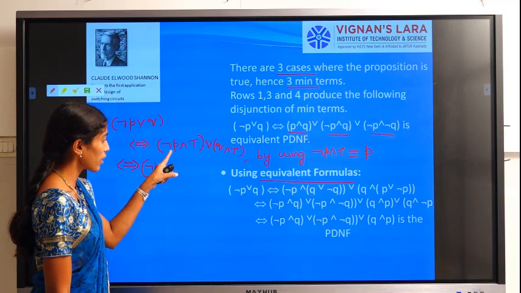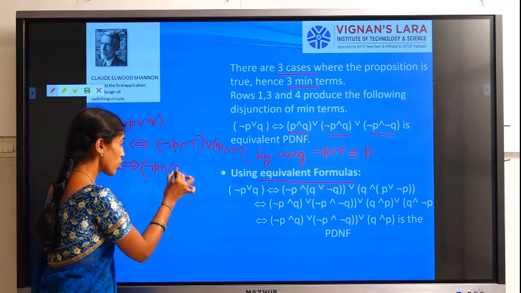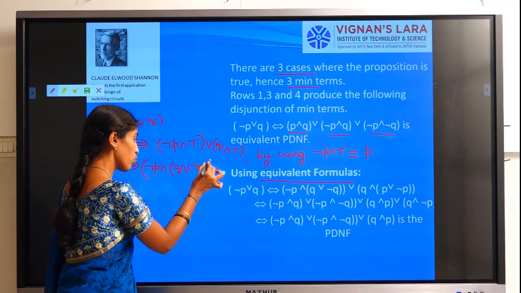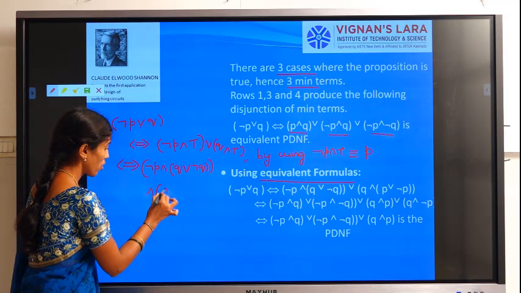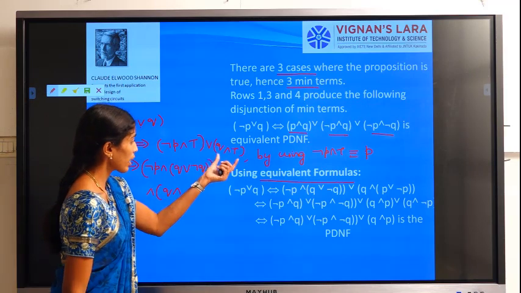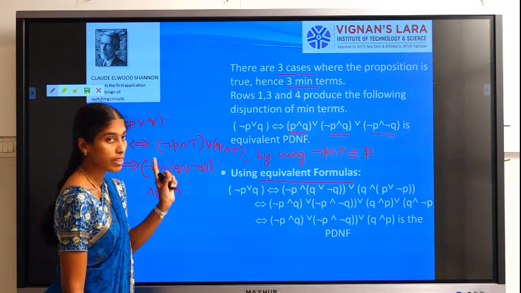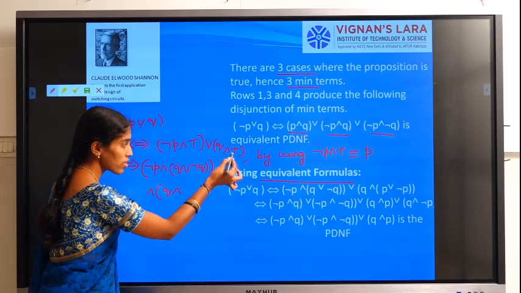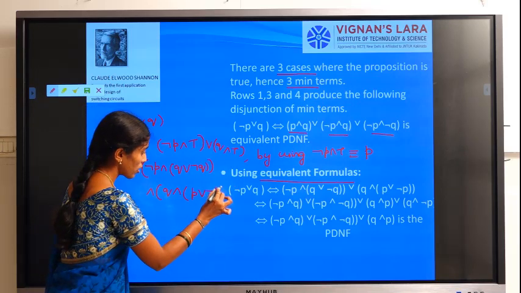Already negation P is there, so variable Q is missing here. Because Q is missing here, we write this as Q or negation Q. Again in the second parenthesis, the variable P is missing because Q is already there. So because P is missing, we replace this T by P or negation P.